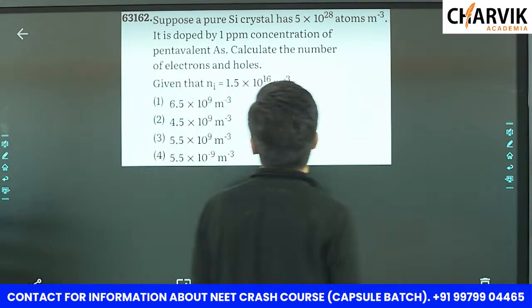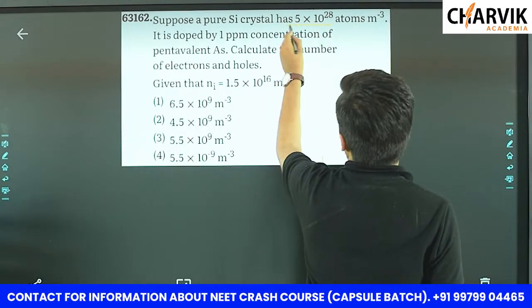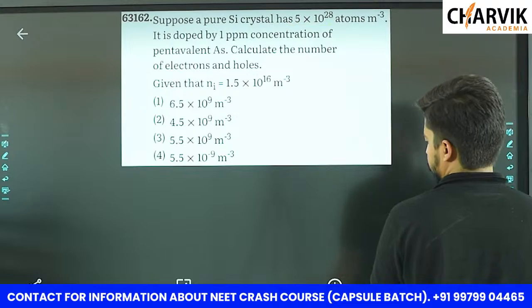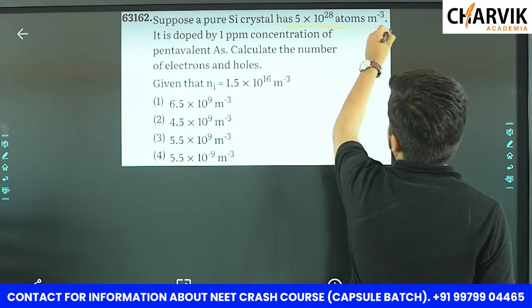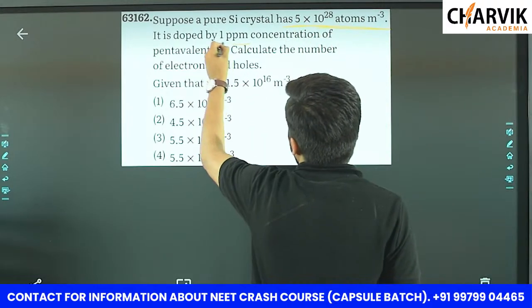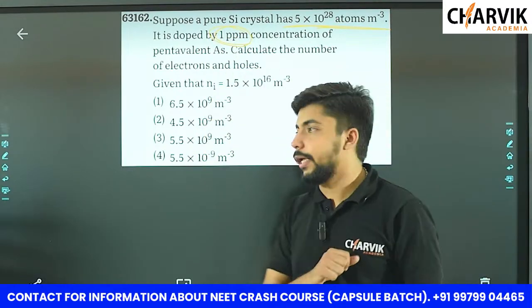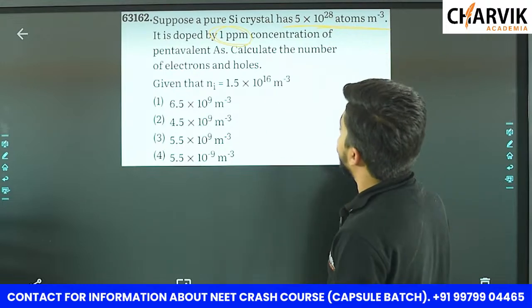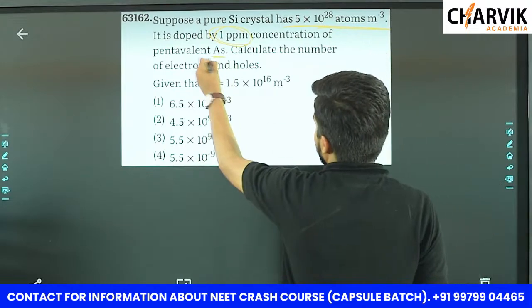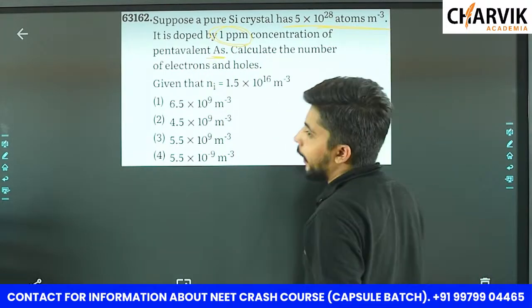Okay, suppose a pure Si crystal has 5 into 10 raised to 28 atoms. It is doped by 1 ppm, that means 1 part per million, concentration of the pentavalent arsenic. Calculate the number of the electrons and the holes.